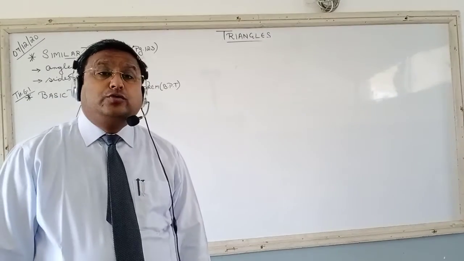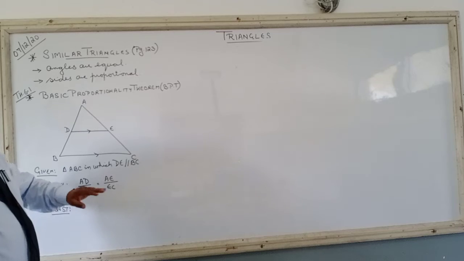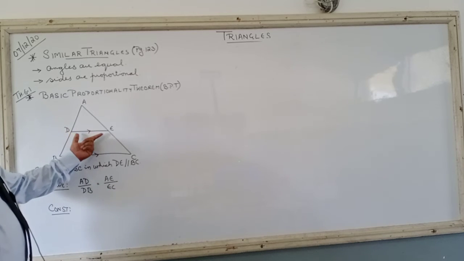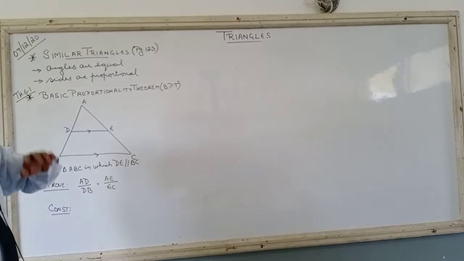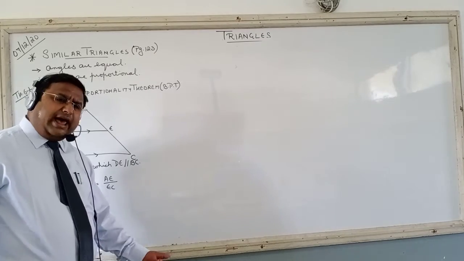So you need to learn the statement, and this theorem is applicable in the entire exercise, entire chapter. It says if one line is parallel to one side of a triangle, the other two sides are divided in the same ratio. But the question arises, sir, how this happens?